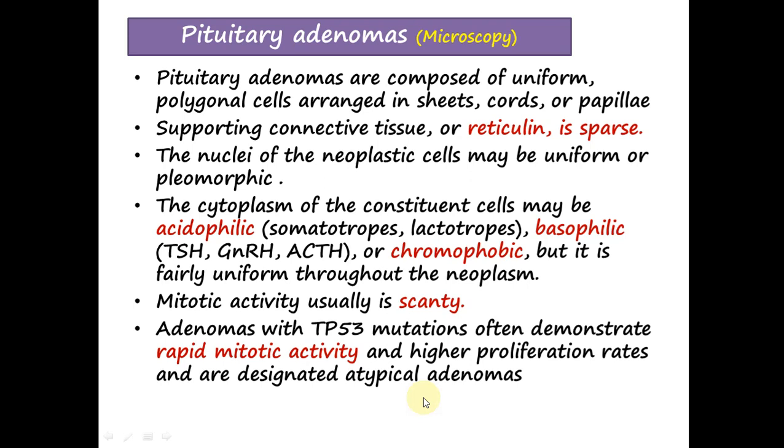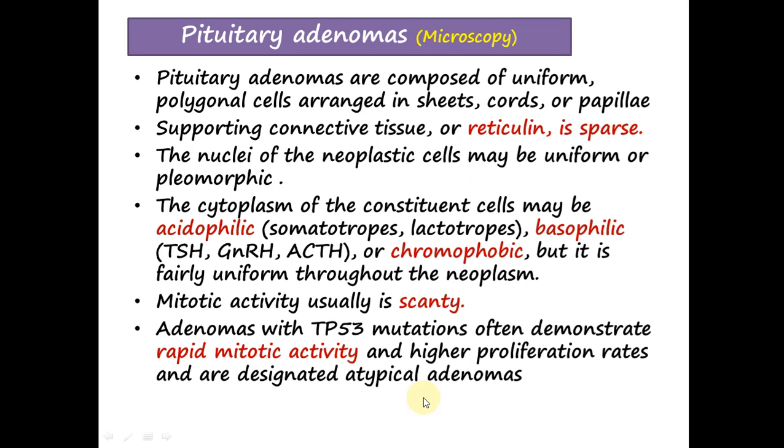In contrast, adenomas that arise in the thyrotroph cells or gonadotroph cells or corticotroph cells have acidic characteristic and they will bind to the basic dye, the hematoxylin. So they are basophilic and they will appear blue under the microscope.